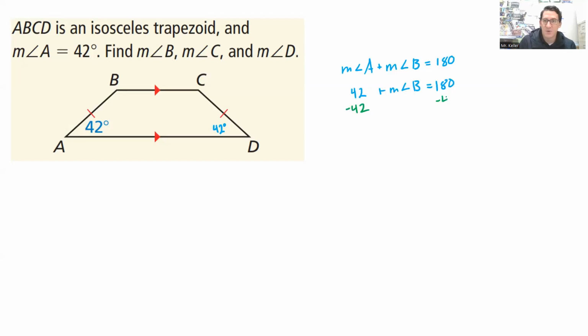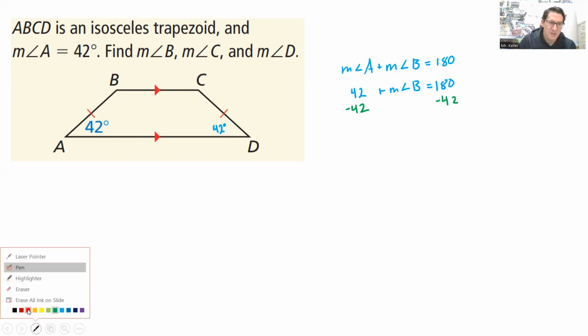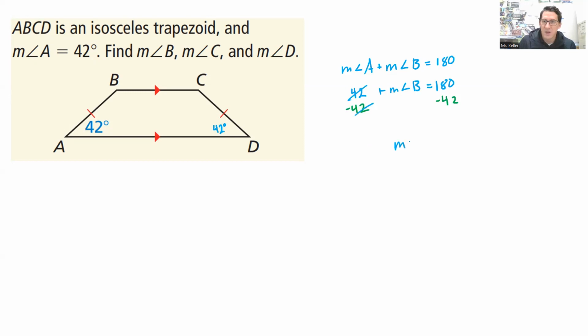So the measure of angle B is going to be equal to 180 minus 42. That comes out to 138. So the measure of angle B is 138. So that means C is also 138. Look at that. We found all those.